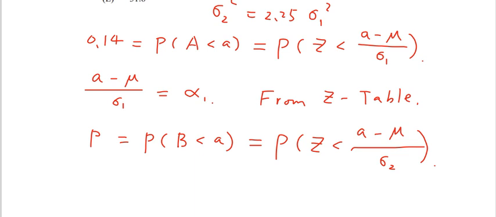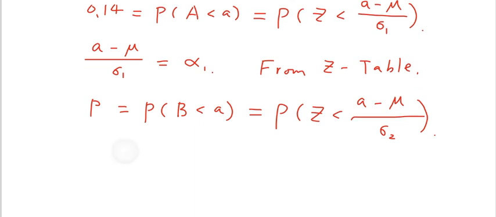Sigma 2 we just change to sigma 1, so this equals P(Z less than (a minus mu) over sigma 1 times sigma 1 over sigma 2).